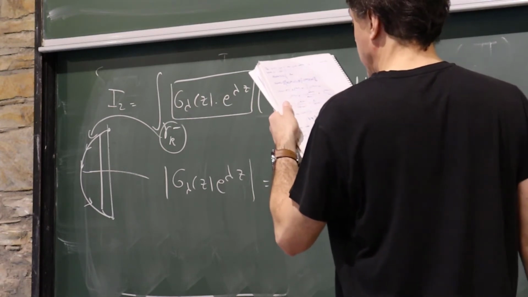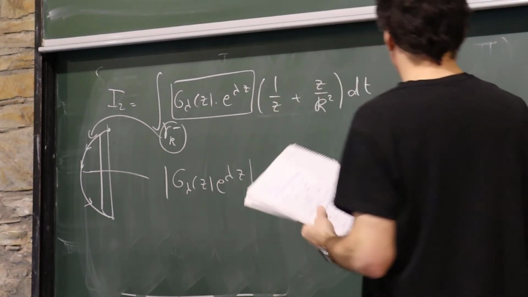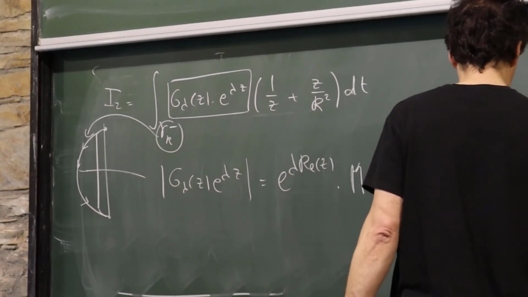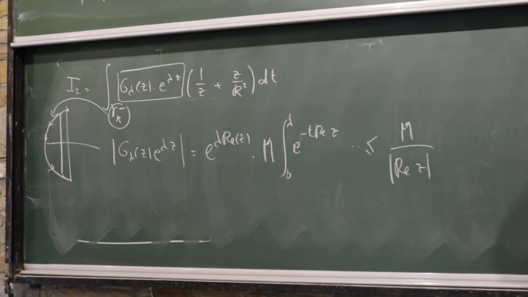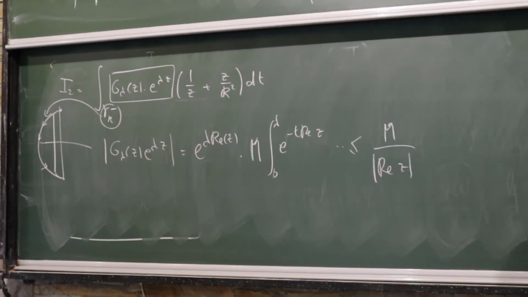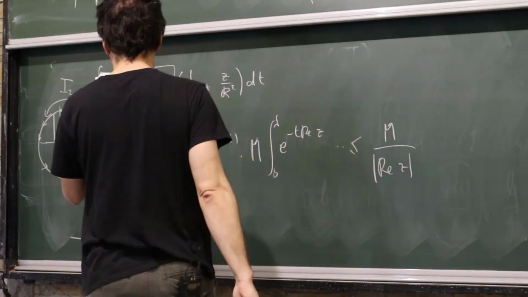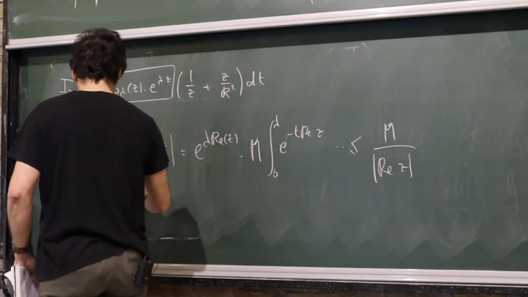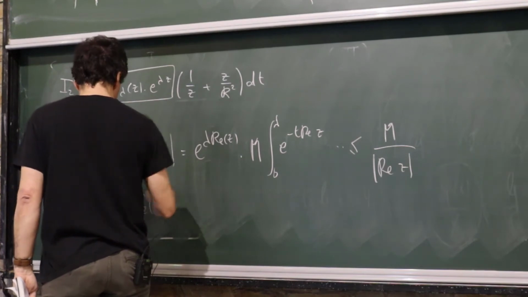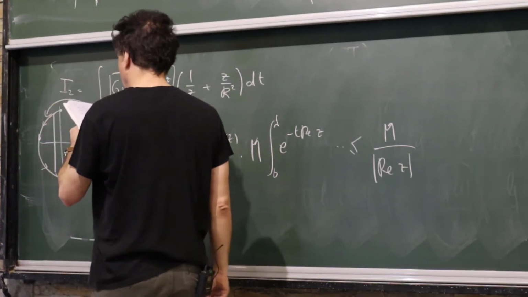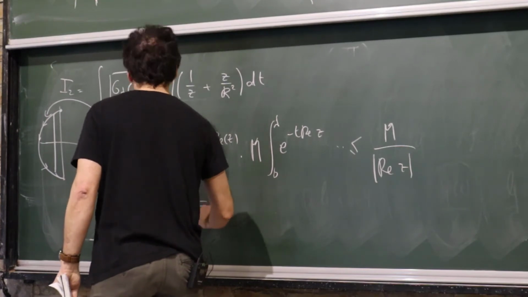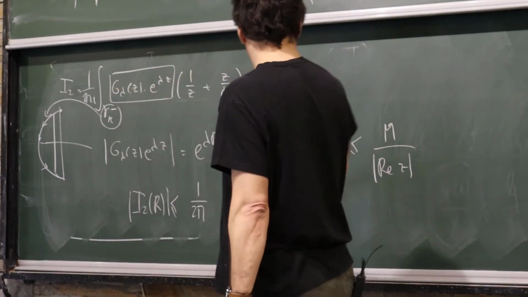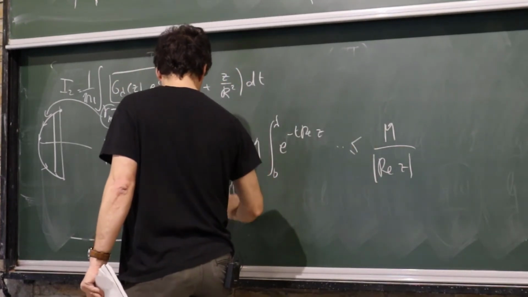And working a little bit, you obtain that this is smaller or equal than m over the real part of z. You have to take the absolute value of the real part, because now you are in the negative part, of the numbers with negative real parts. Okay. So finally, this integral I2 over r is smaller than 1 over 2 pi, this integral here, 1 over 2 pi, I forgot. Write it here. This term here would be m over the real part of z.